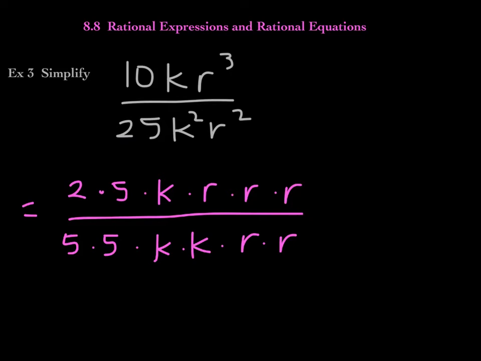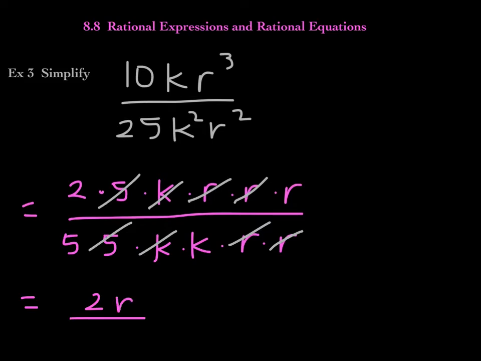So 5 divides out with 5, k divides out with k, r divides out with r, and r divides out with r. And then your answer is the product of the remaining factors. So in the numerator, you have 2r, and in the denominator, you have 5 times k. So that is the simplified expression. We just divided out the common factors.